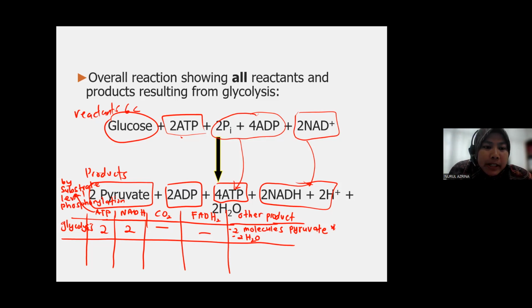Okay, so Madam nak you all buat table ni. So this table will show you what happened at each stage for every 1 molecule of glucose. Ingat, this table shows you for every 1 molecule of glucose. All right.